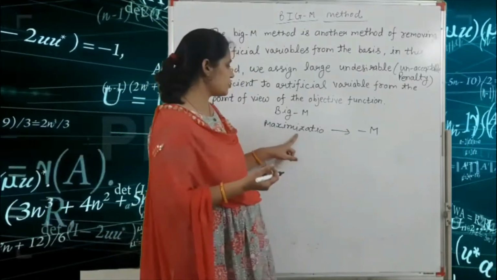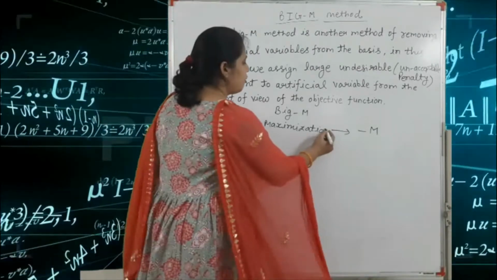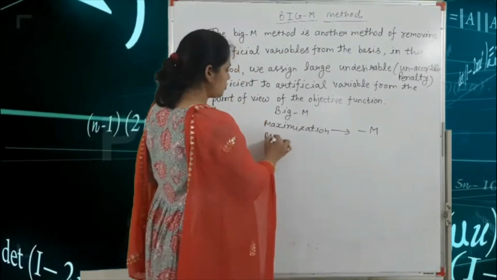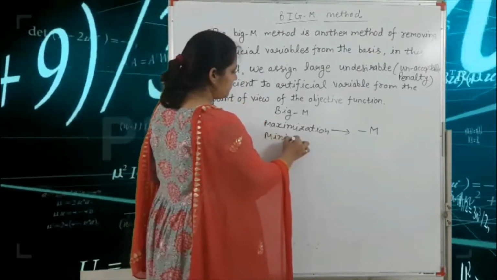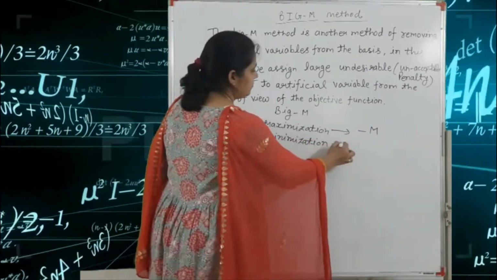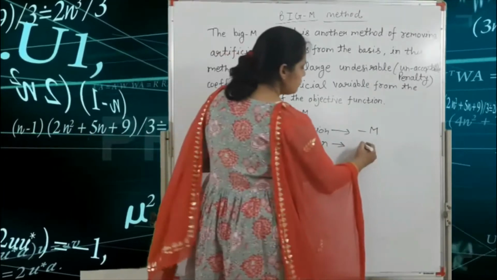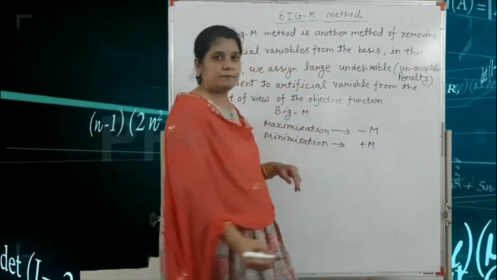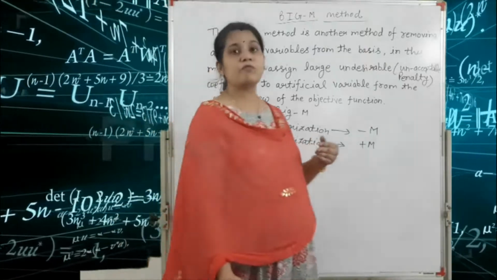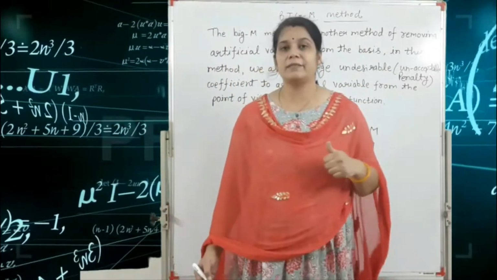So if your question is given in the maximization form, we use minus M, and if your question is given in the minimization form, we use plus M. This minus M and plus M is the coefficient of the artificial variable.